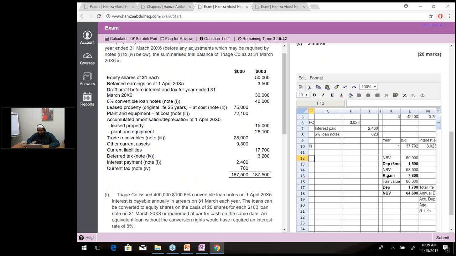So if I move towards my accounting entries, I'm going to say cost of sales debit and the property credit by 1,500 plus 1,700. So this is the amount of the depreciation of the property. Yes, Ahmed Junaid, the revaluation gain will go to the OCI.